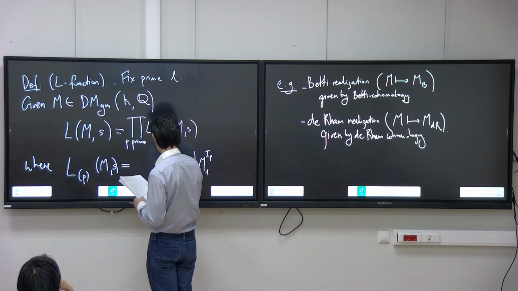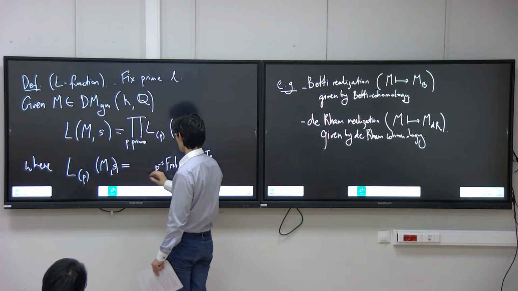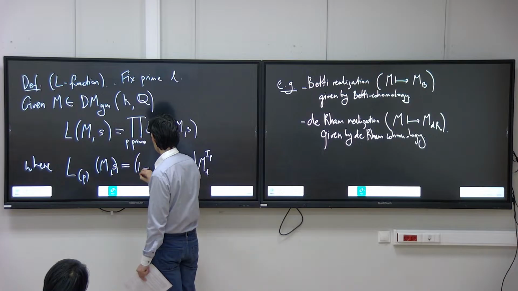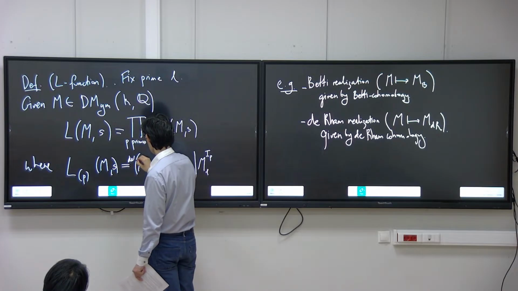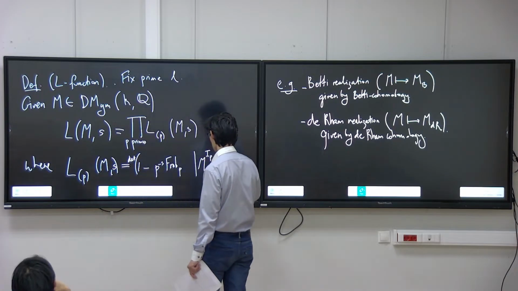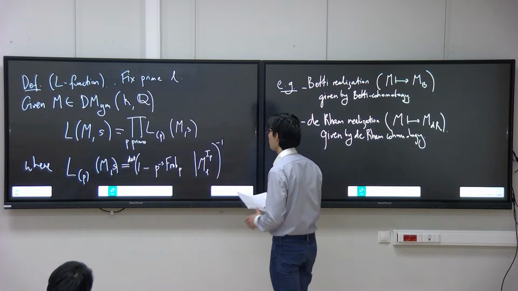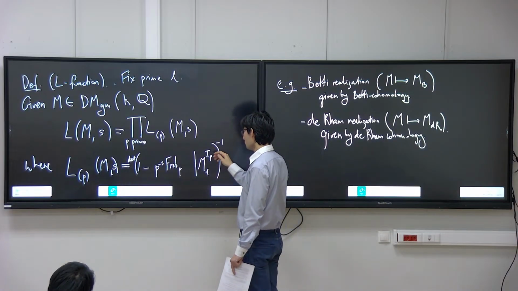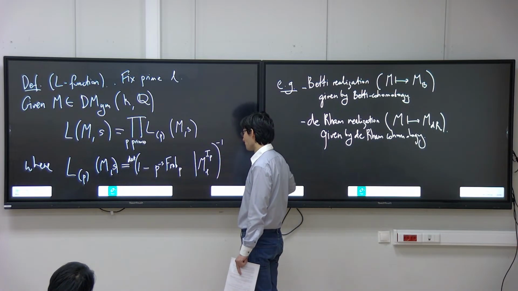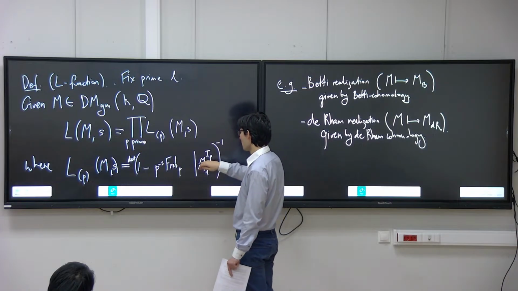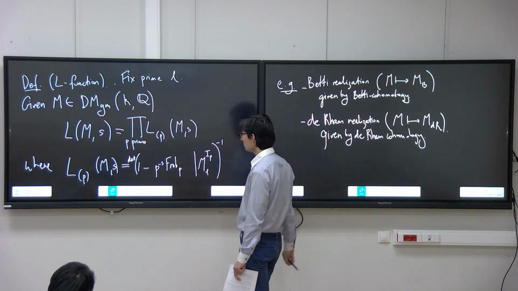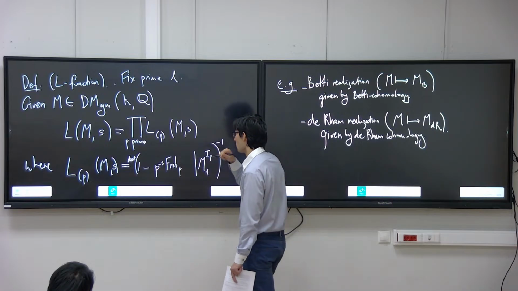And to get a series, I just add p^(-s) here and subtract 1, and take the determinant of this expression. And anyway, maybe minus 1 here. What's important is that I take invariants of the inertia subgroup so that Frob_p makes sense. Frob_p naturally lives in the decomposition group.